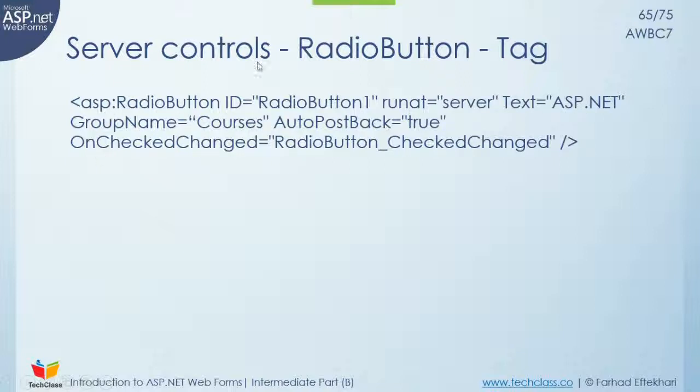If you want to group these radio buttons, for instance, imagine we have different choices for courses, we set the group name to courses, and then all of these radio buttons that have group name courses will act like a group of radio buttons. So if you select one of them, the others will be unselected. If you have the auto post back property and then checked changed.